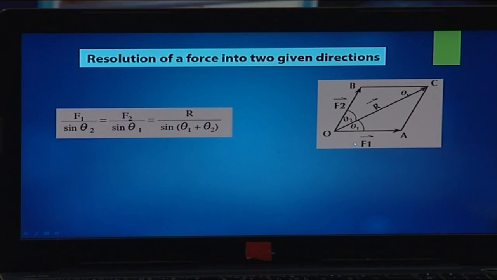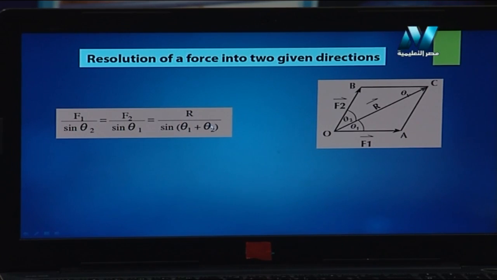Here is the rule that you use to find F1 and F2: F1 over sine theta 2 equals F2 over sine theta 1 equals R over sine of the sum, sine theta 1 plus theta 2.